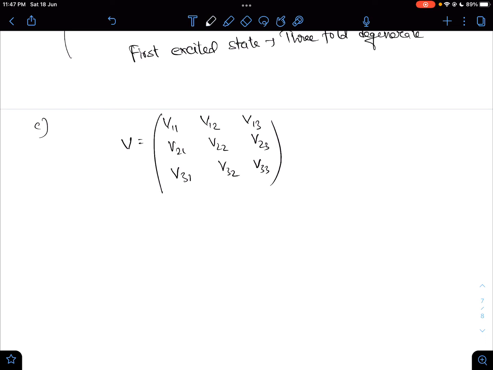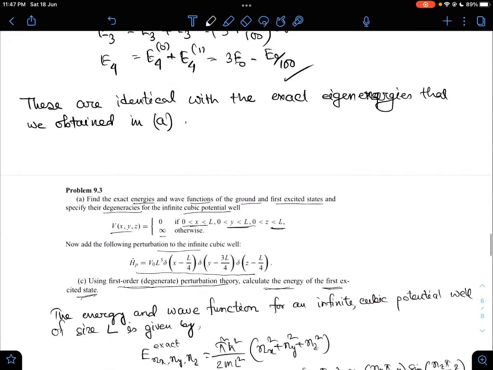So what are the elements? Here these V's are defined as V_nm, which is basically n, our perturbative Hamiltonian, and m. So what is our perturbative Hamiltonian? Let us recall this and write it down.